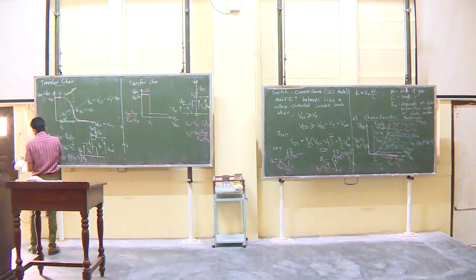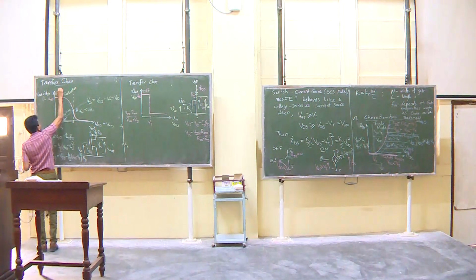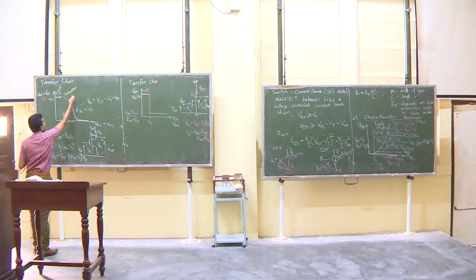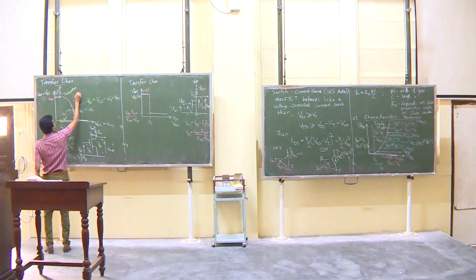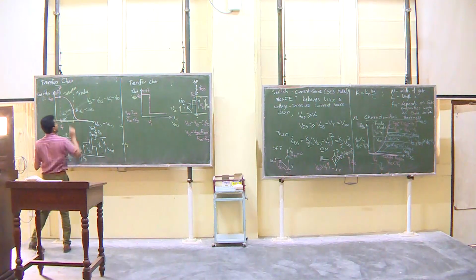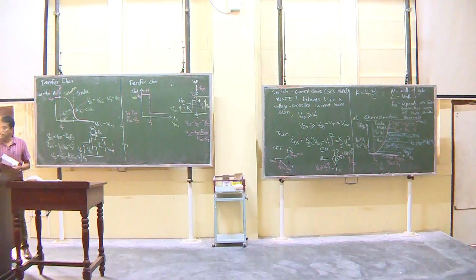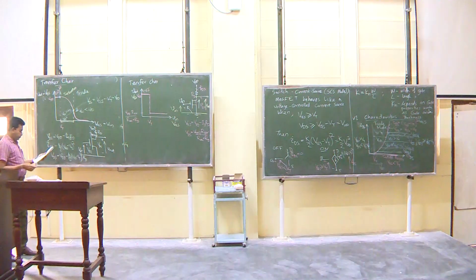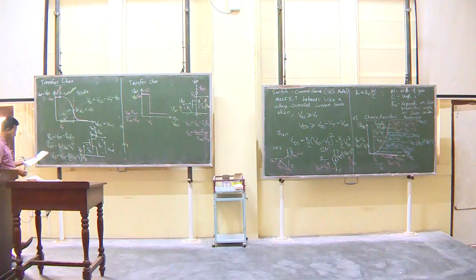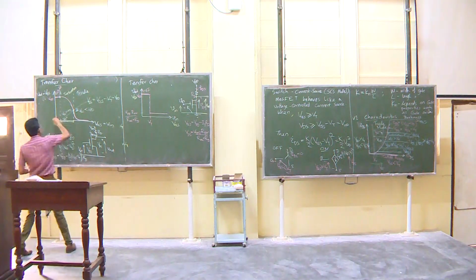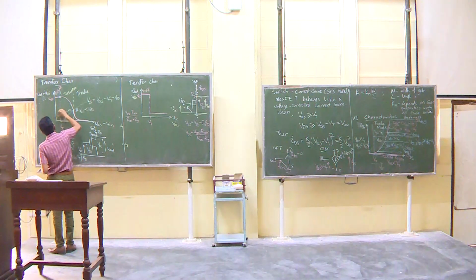This is cutoff, and this one is the triode region. That is a triode region. Okay. This is VGS less than VT.